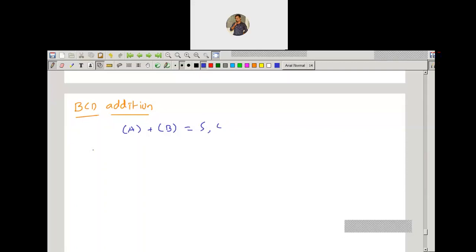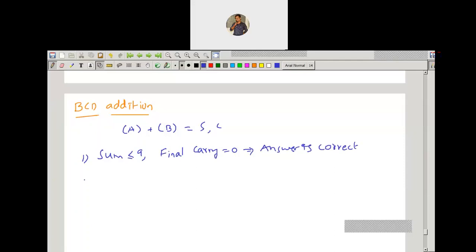Very first step is if the sum is less than or equal to 9 and the final carry is equal to 0, then the answer is correct. That is, whatever you get, that answer is going to be correct.